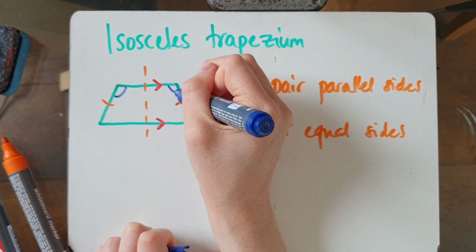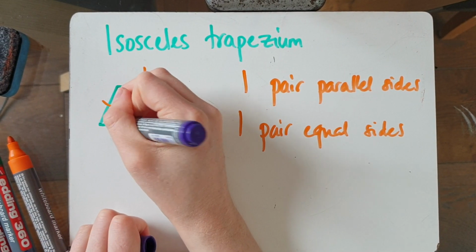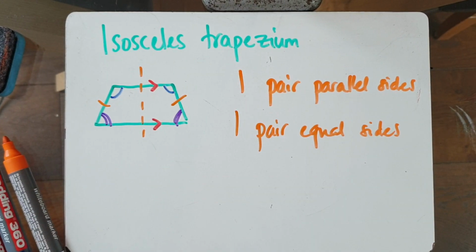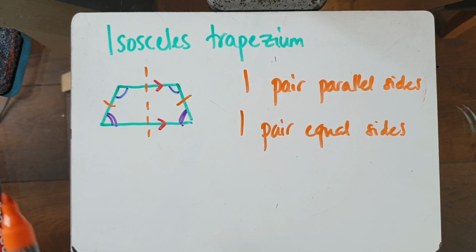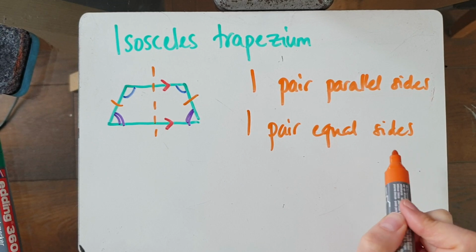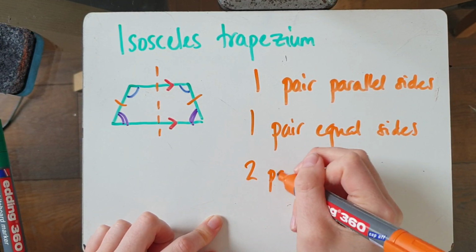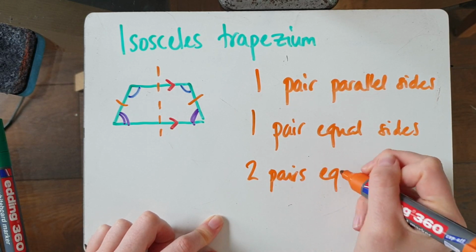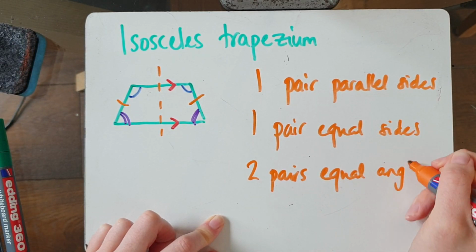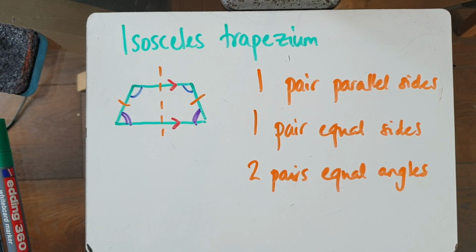This angle and this angle would be the same. And then this angle and this angle would be the same. So this is a special type of trapezium. So we've got one pair of equal sides and one pair of parallel sides. And then we've got 2 pairs of equal angles. Again, copy that down, please.